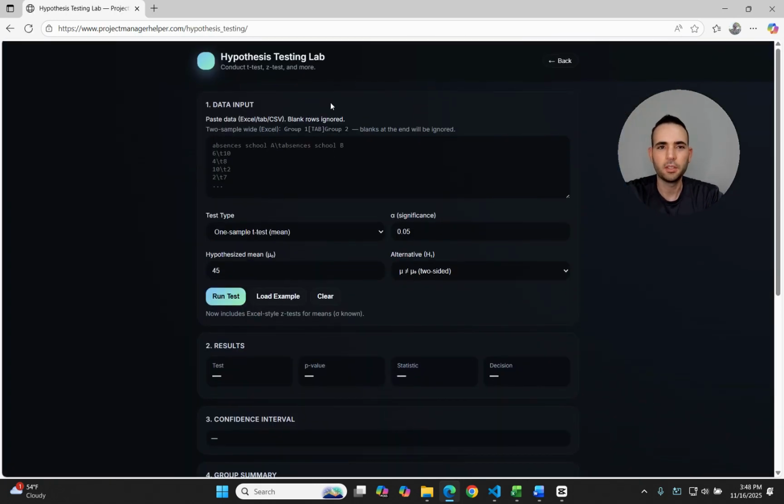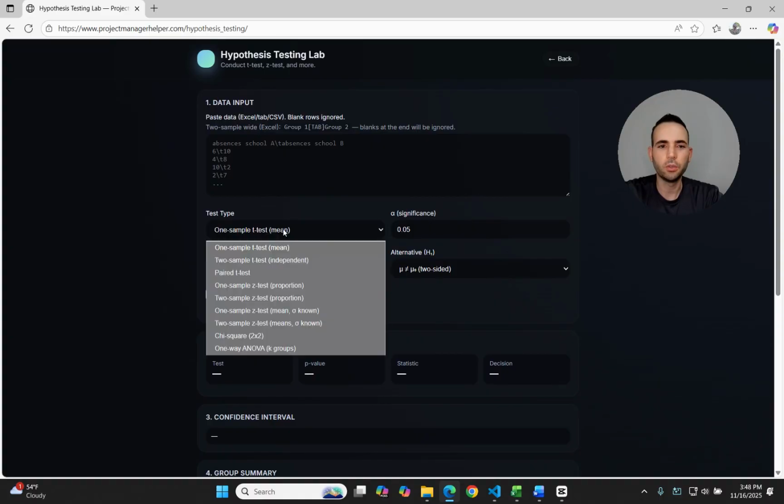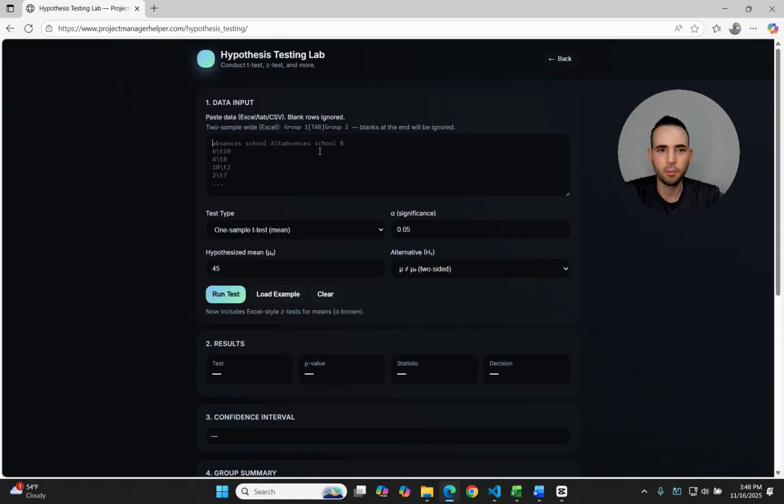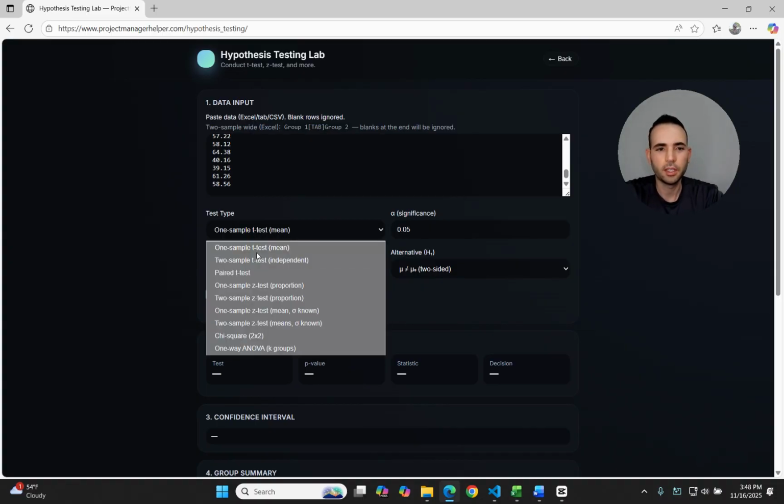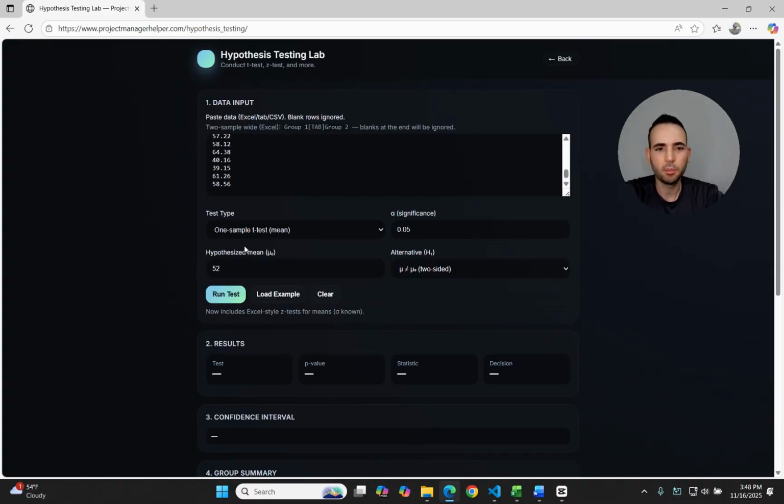This is our hypothesis testing lab, where you can do all sorts of t-tests, z-tests, ANOVA, and many more. Paste the data that you just copied from Excel, and then just enter the variables here. The national mean is 52, and we want to select a one sample t-test.